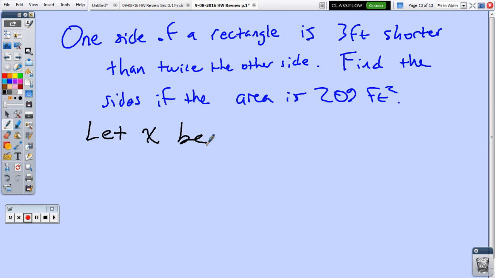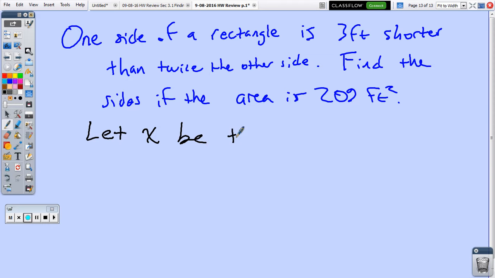So what do you want x to be? The short side, the long side? Short side. This is where you don't go x equals 209 square feet. That doesn't help you, right? So we're letting the variable be what we don't know.